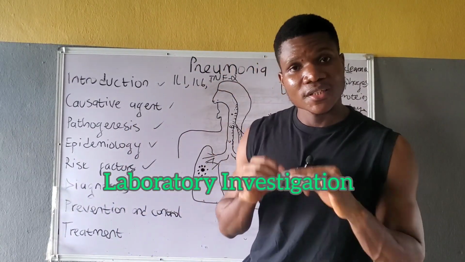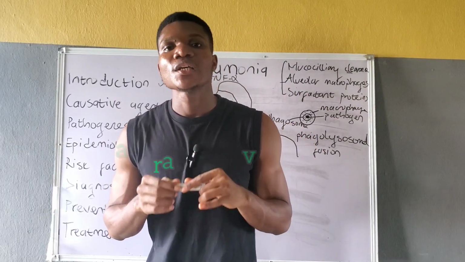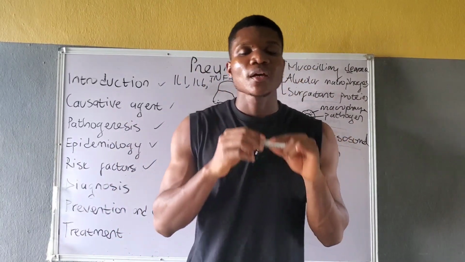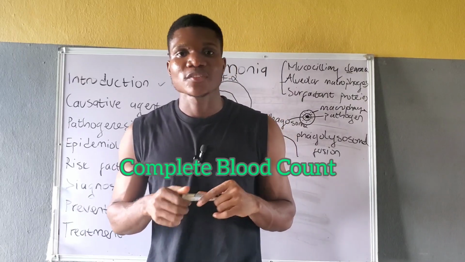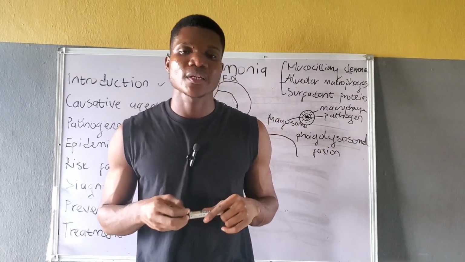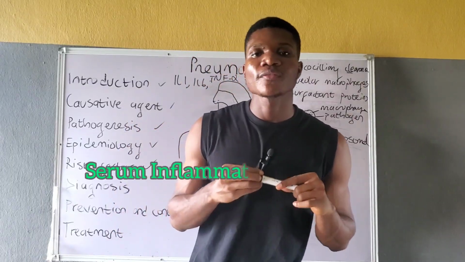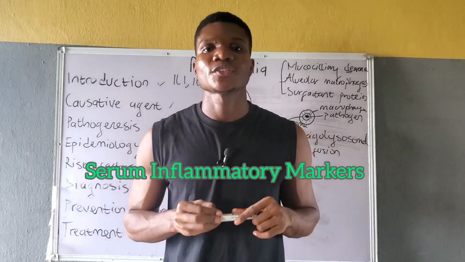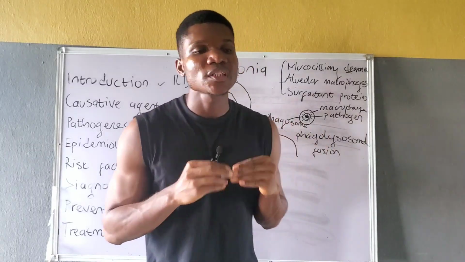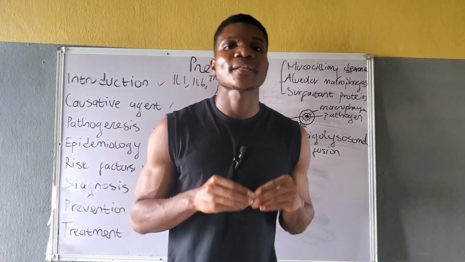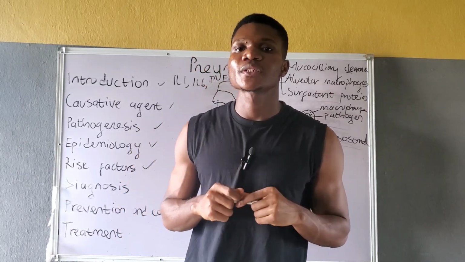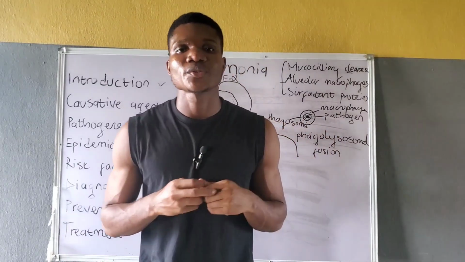Also, laboratory investigation is involved in diagnosis of pneumonia. Complete blood count, that's full blood count, is done to check for leukocytosis or leukopenia. Checking of serum inflammatory markers is also done, such as C-reactive protein levels, erythrocyte sedimentation rates, as well as procalcitonin levels.